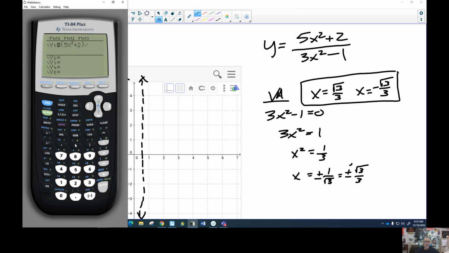That divided by, on the bottom, we would have 3x squared minus 1. And let's take a look at this. Well, there's our asymptote at negative root 3 over 3. And you see the asymptotic behavior at positive root 3 over 3. But look at this. We can see that these values are approaching something as x gets really big. So let's start to look at that.